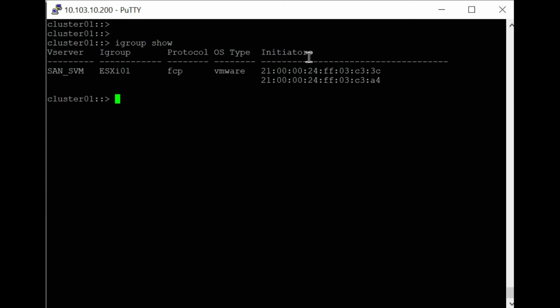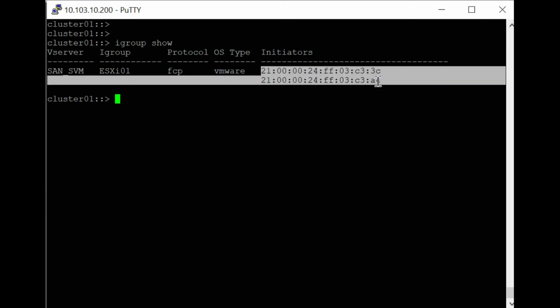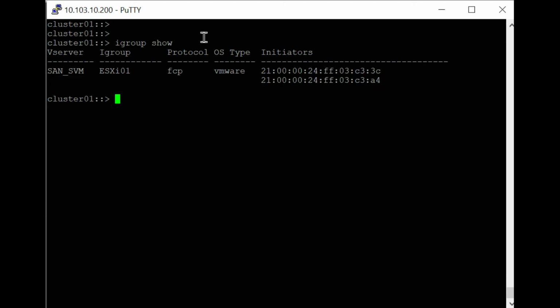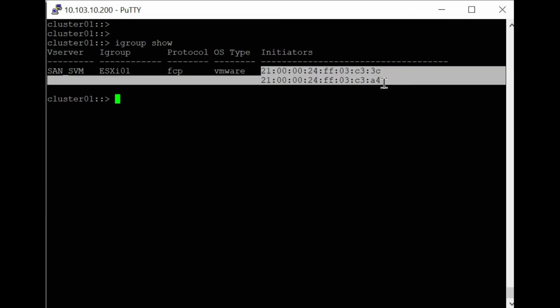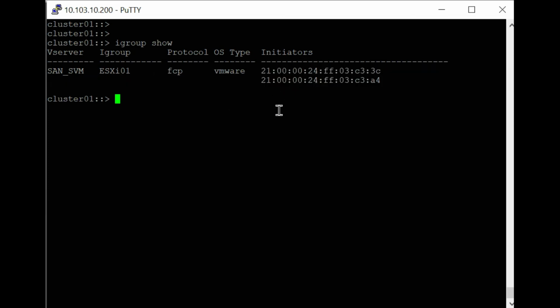So you first need to register or identify the hosts via the WWPNs of the hosts, to allow them to access certain LUNs according to our preferences. On this SAN, I have a single initiator group, which is my ESXi host, ESXi01, and these are the WWPNs of the host.